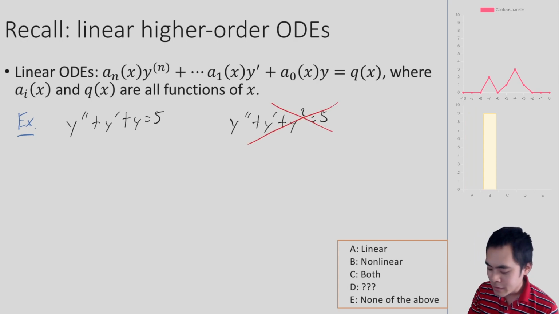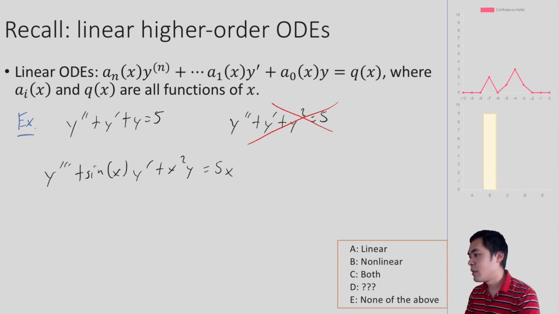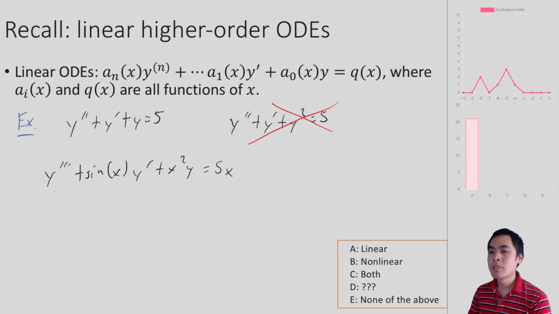Very good. Let's say y triple prime plus sine of x times y prime plus x squared y is equal to 5x. Is this linear or nonlinear? We're getting a bunch of A's. That is correct.